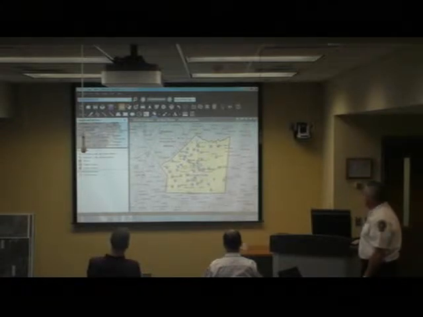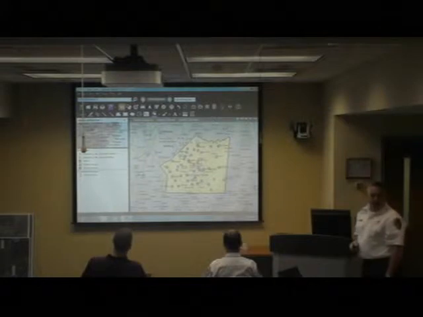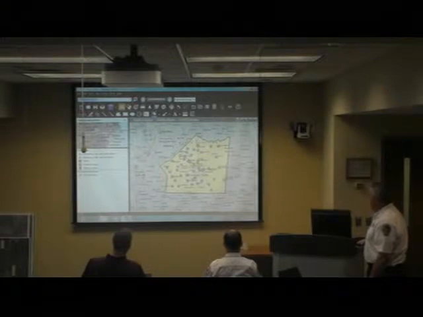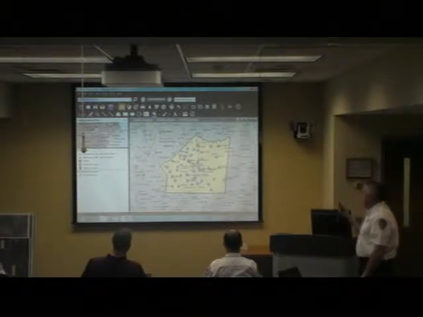The square boxes with a P represent posting locations. And the square boxes with the H's represent hospitals or urgent care facilities within the county. And there's a few more, but those are some of the very important ones.